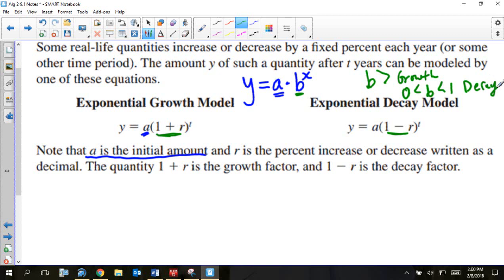So what's R? R is the percent increase or decrease written as a decimal. So R is percent over 100.